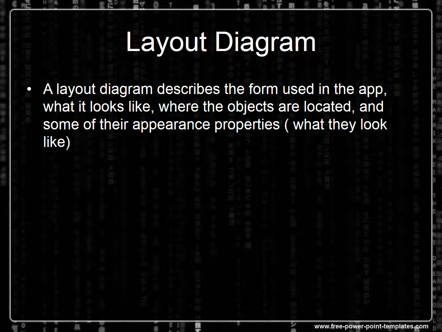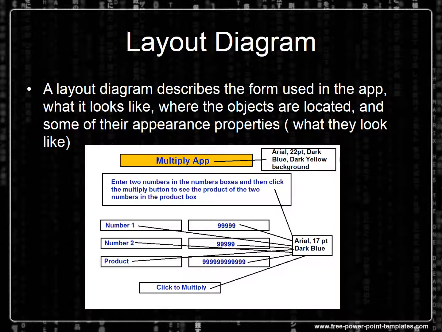A layout diagram, and again, this is a graphic plan of what the form or the window which the app appears in will look like. It tells us the colors, the fonts, where the objects are located, and their appearance. And here it is here. So we've got our Multiply app is the name of the app itself, and we have some details about font and colors.